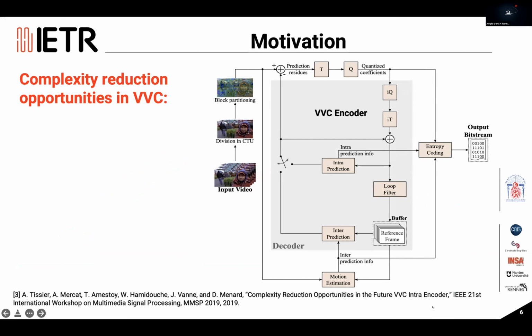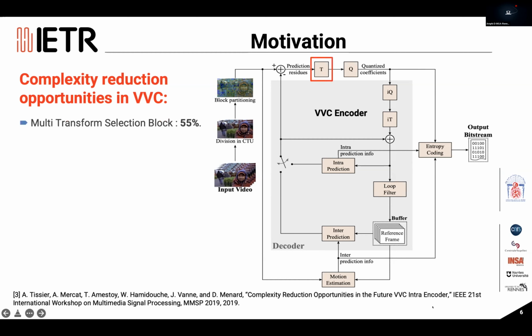So many researchers in the field of image processing and video coding work further to reduce this complexity. Here we can see a study conducted by Alexander et al., where the authors show that the VVC blocks offer great potential to reduce the complexity of the VVC encoder.